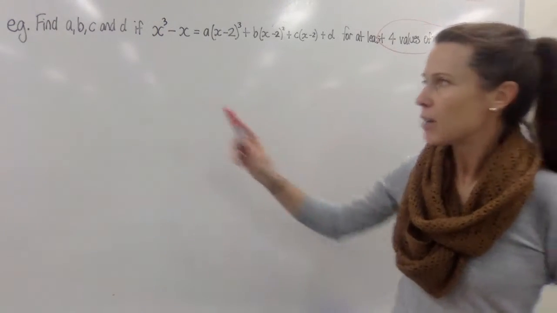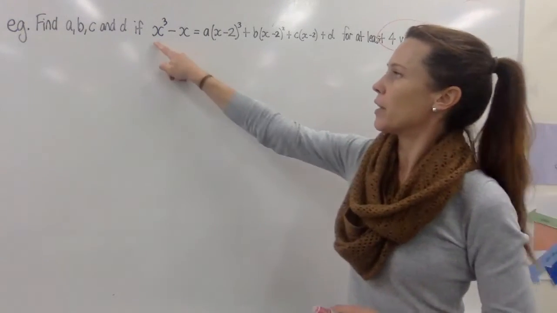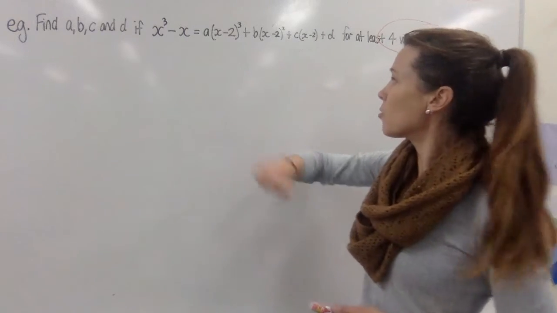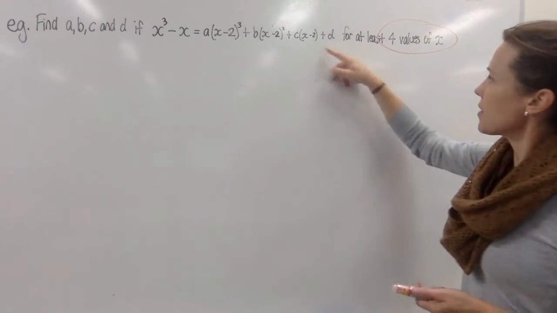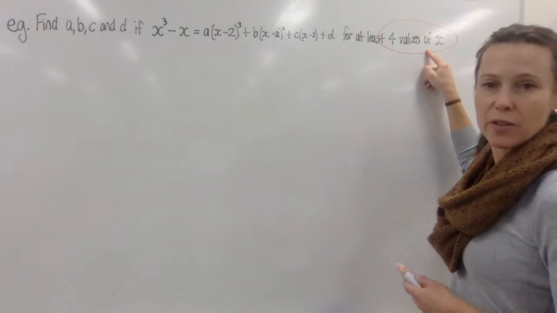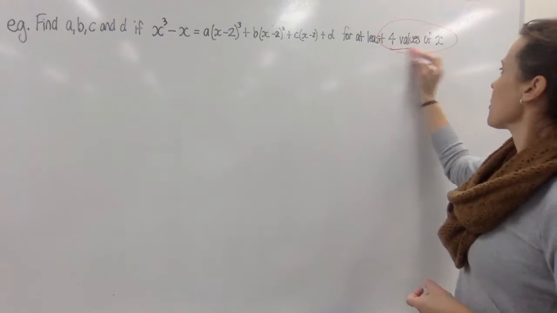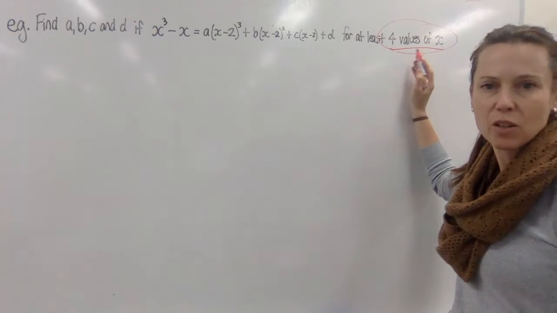We have to find a, b, c and d if we've got x cubed minus x equal to all of this. Now this is a really long expression and it says that it's equal for at least 4 values of x. Now why would they have told us this clue unless we needed to use that somehow?